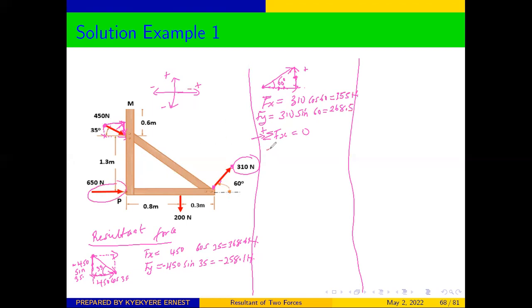It will give us 650, plus we have the x component for this force, and we said that it will be moving this direction also, and this direction is positive, which is going to give us 368.6.